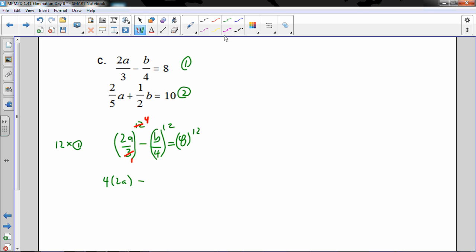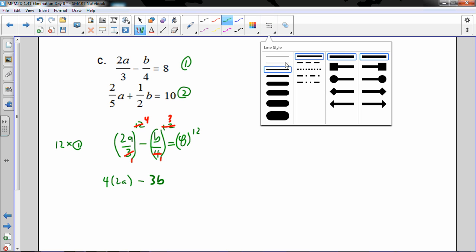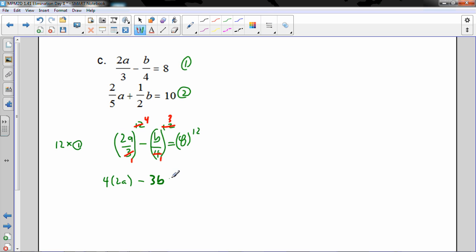And then here, multiplying not by 12 but by 3. And 3 times b. And nothing on the bottom here, so 8 times 12, watch your times tables. This is almost in a nice form, and now it is, right? Now it's not bad, so I'm going to call that my equation 3.